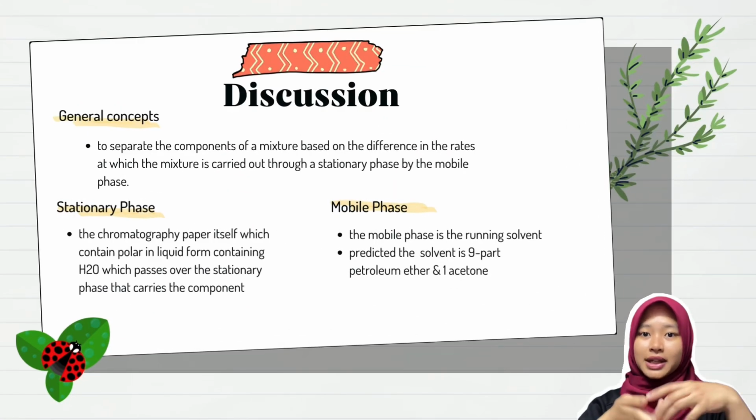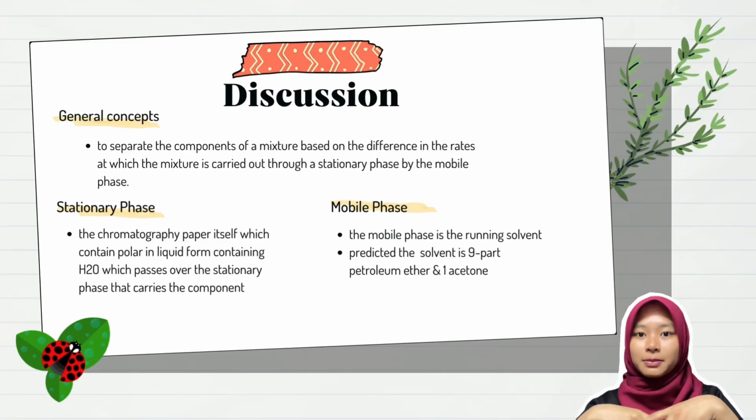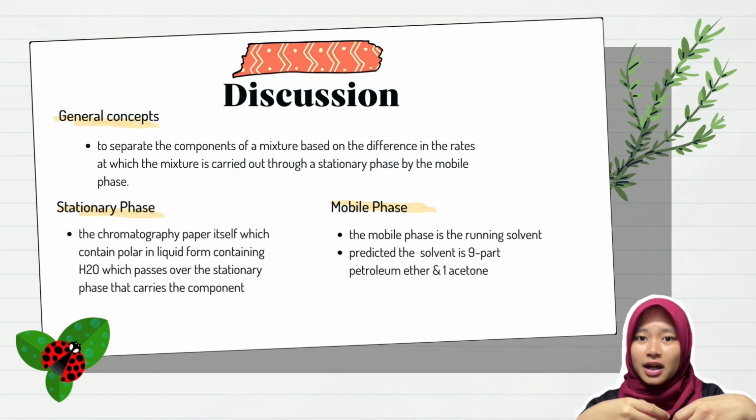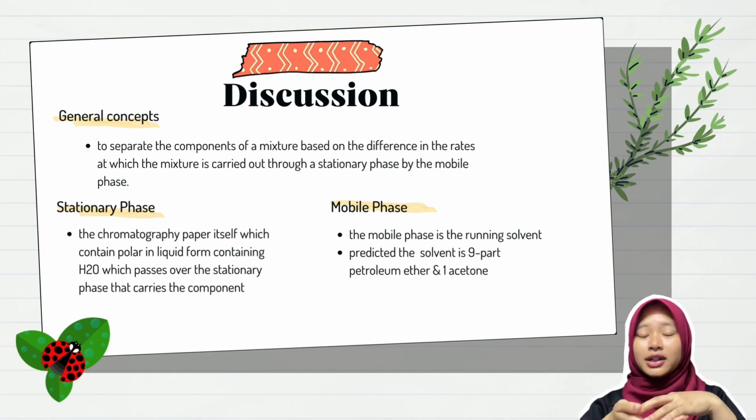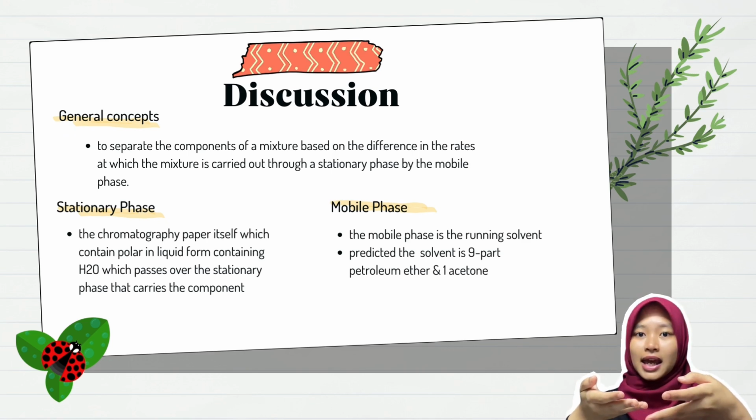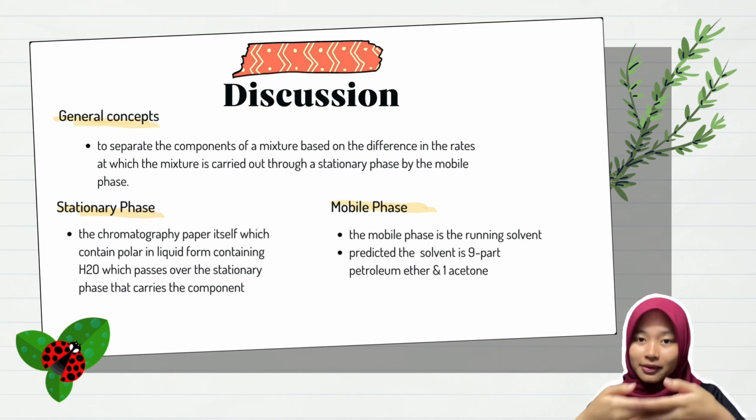Based on the video, they use paper chromatography to spread pigment in leaf and determine the color in pigments. Chromatography is used to separate the components of a mixture based on the difference in the rates at which the mixture is carried through a stationary phase by the mobile phase.